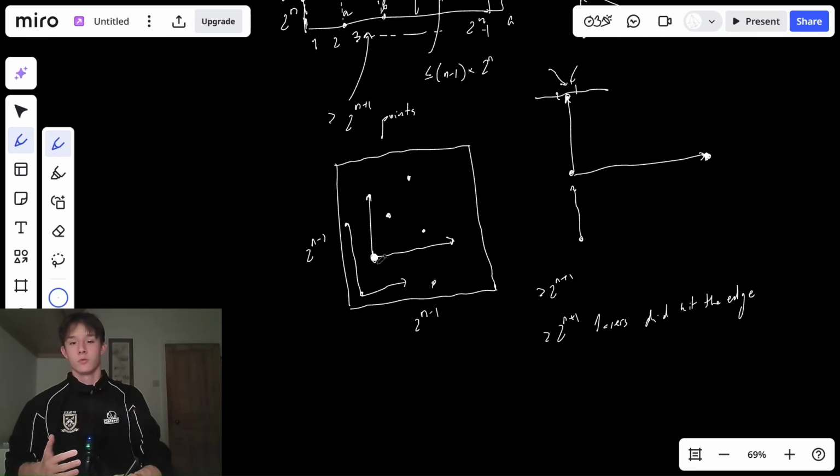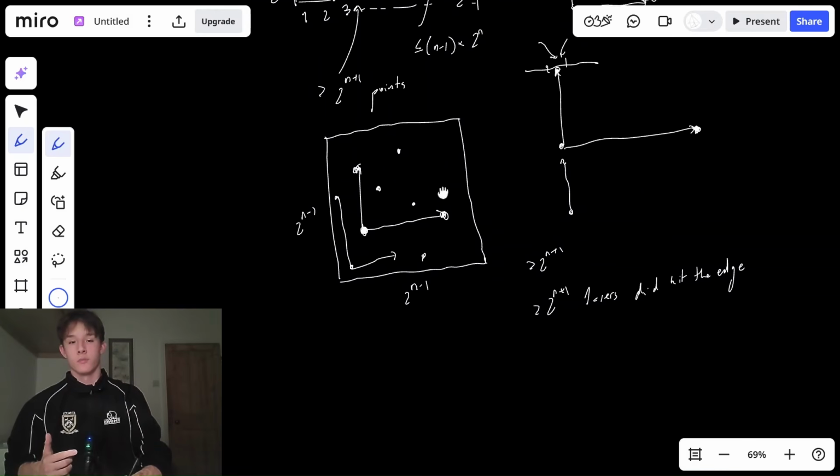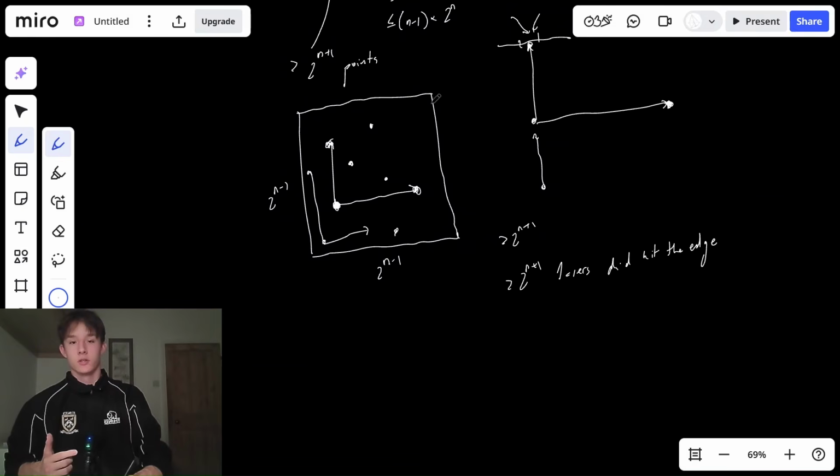Again, if there's at least one that hit the edge of the board, because if zero did, then we are done with the problem. But as you notice on this side, there's 2 to the power of n minus 1, and here's 2 to the power of n minus 1 as well.